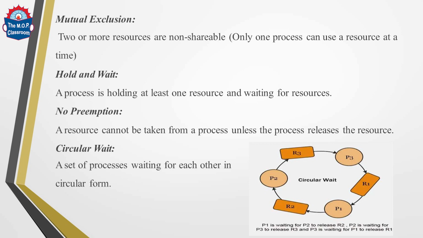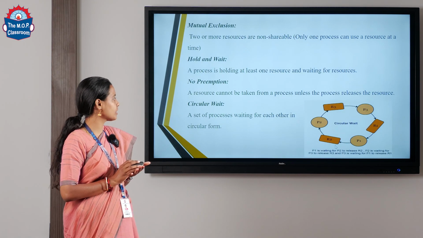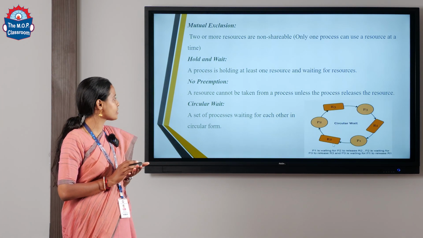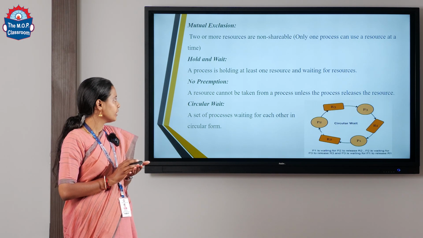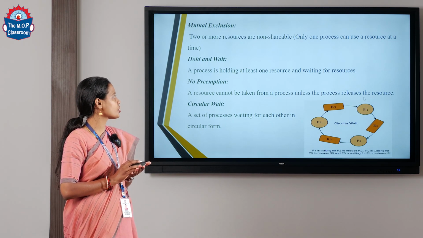The last condition is called circular wait. Here, if you see, a set of processes are waiting for each other in a circular fashion. If you consider this diagram, process P1 is requesting the resource R2 which is held by process P2. Process P2 is requesting resource R3 which has been held by process P3.